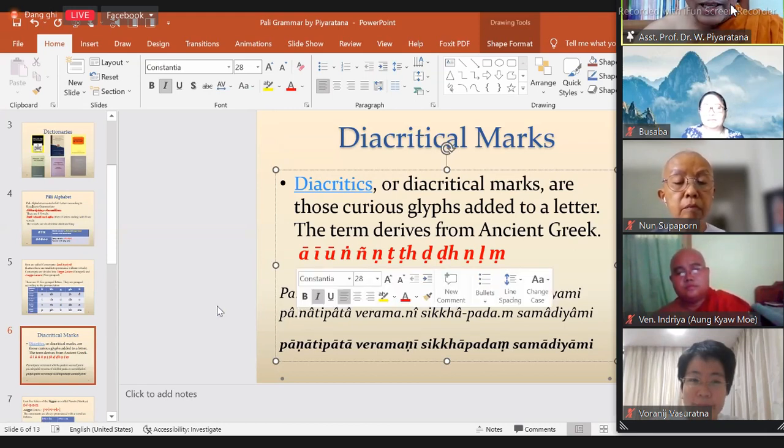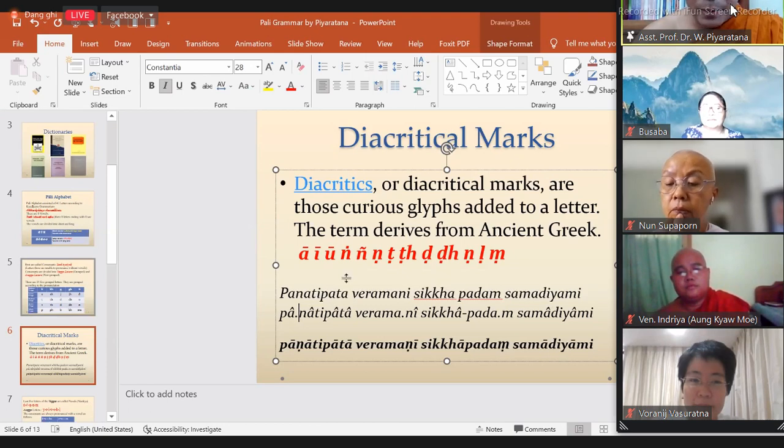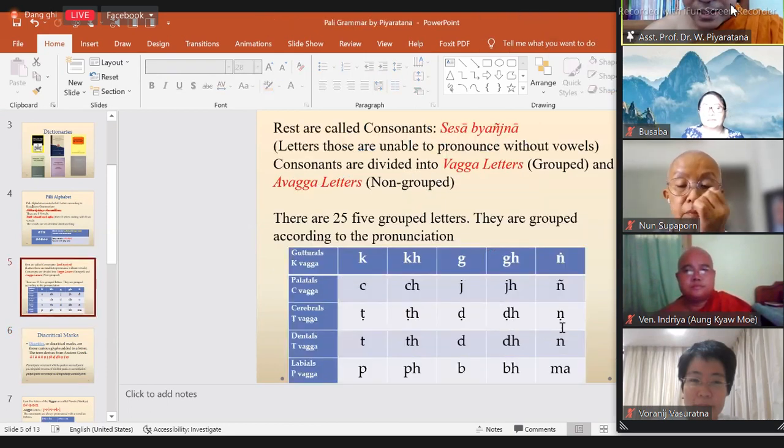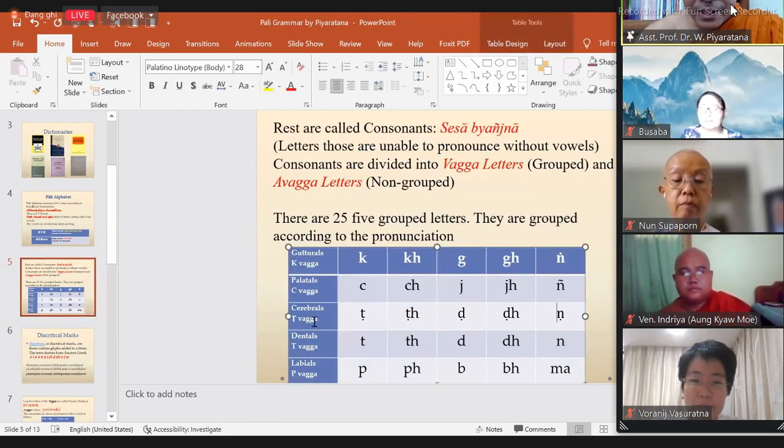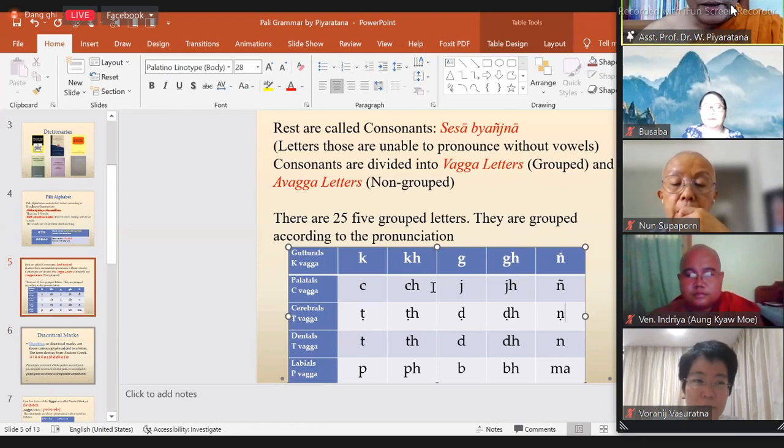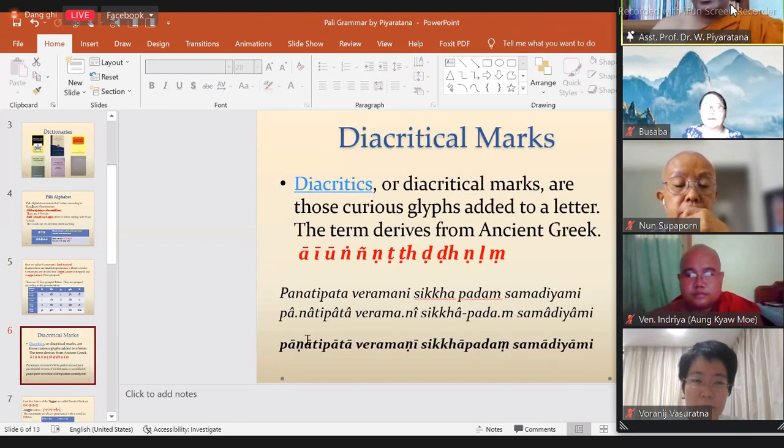Because in the alphabet's grouping letters, this letter is called muddhaja. Muddhaja with the dot, they call na, pana. Why do we have to be careful with these letters when you write?